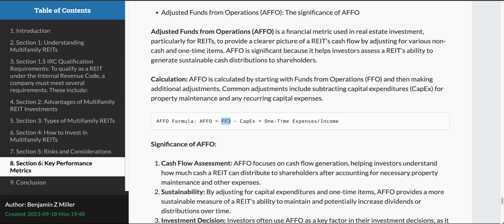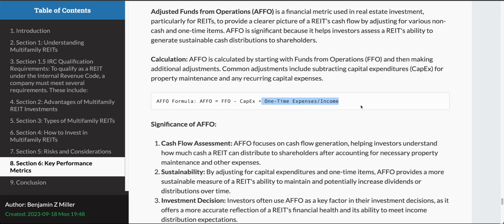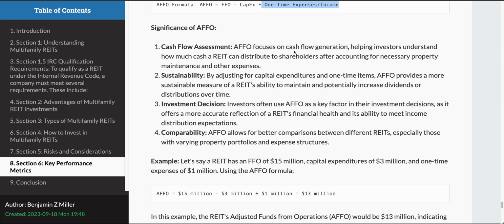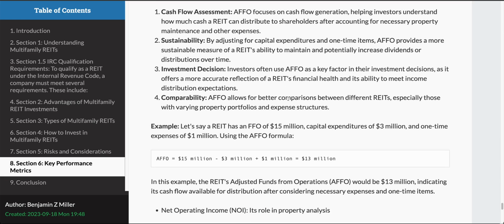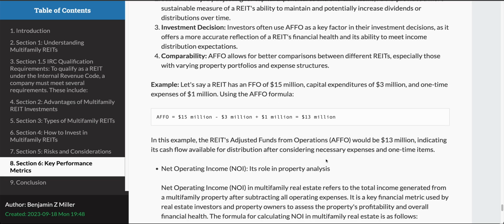You're going to plug in that number, which was $13 million in the last example, and then you're going to subtract capital expenditures, and then you're going to add in any one-time expenses. And the significance of it is it helps investors to understand how much cash a REIT can distribute to shareholders after accounting for necessary property maintenance and other expenses. So you go through all of that calculation, and you're going to come up with a bit of an idea.